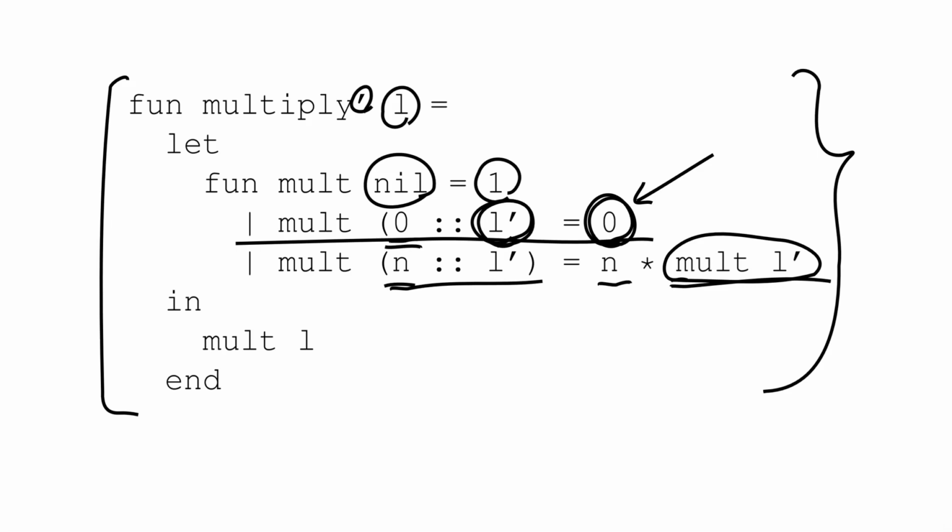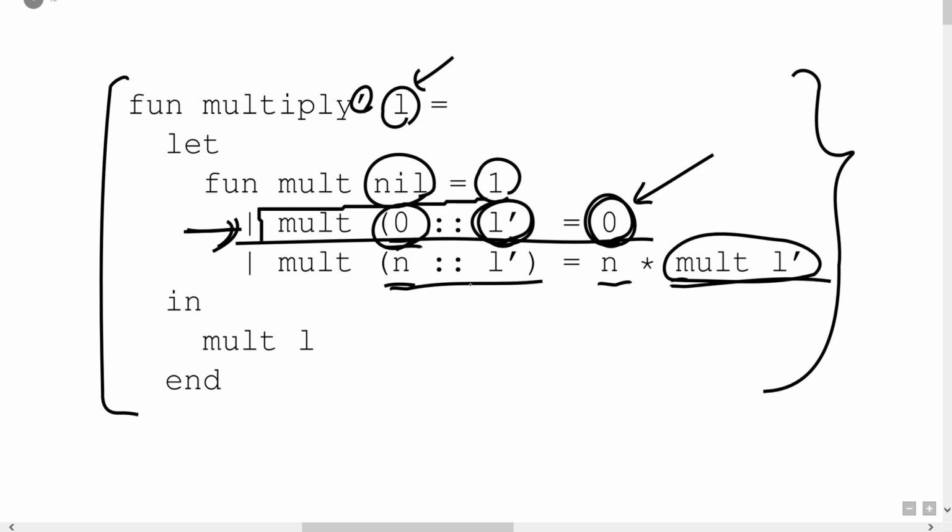However, if L does not contain any instance of 0, then we are only wasting the computation where we compare every element with 0. We take the second clause in the pattern matching, but this is always false. So we just wasted the computation of comparing all the elements with 0.